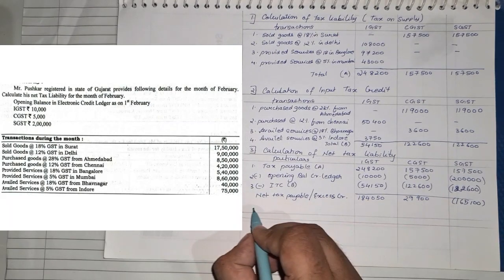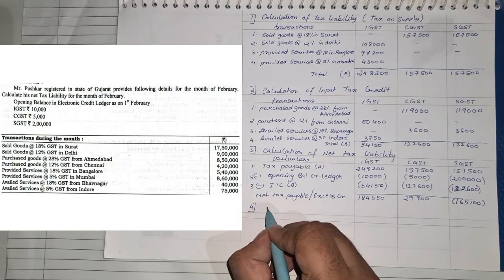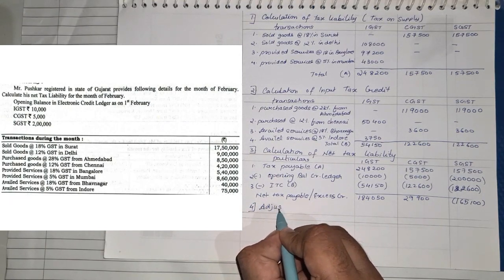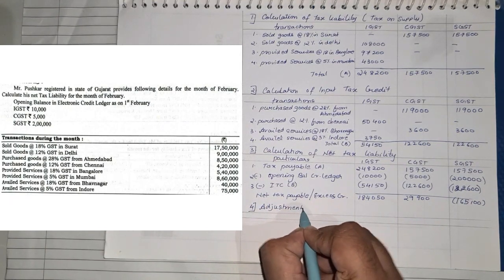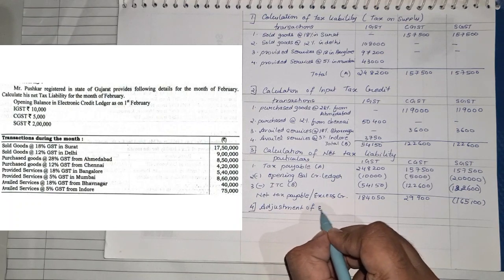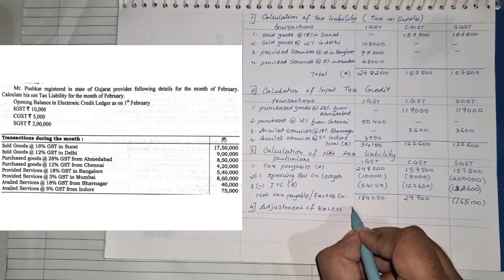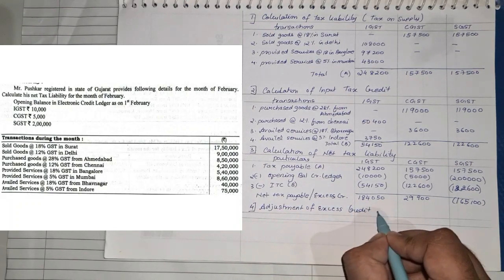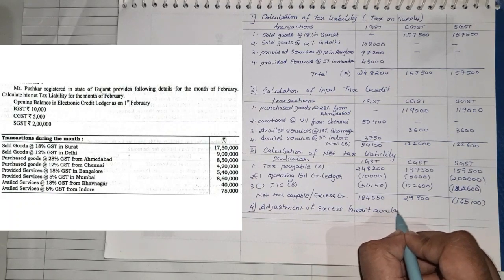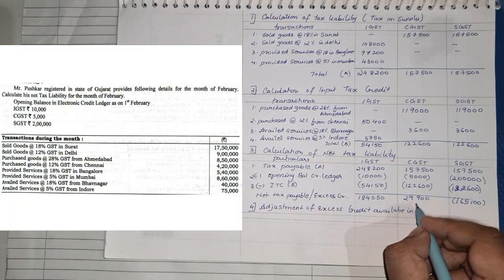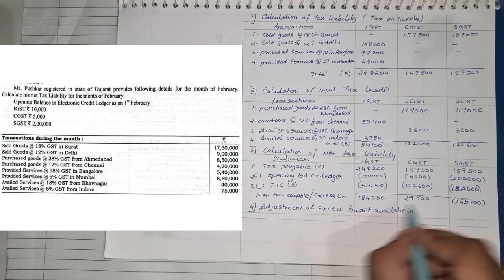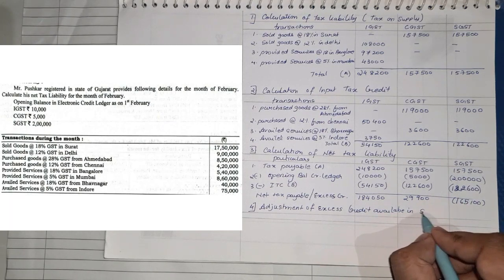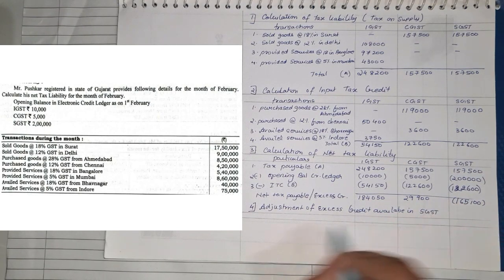Now since it is negative, I'll start with my step number 4, that will be the adjustment of excess credit available in SGST. Okay, so how to do that?